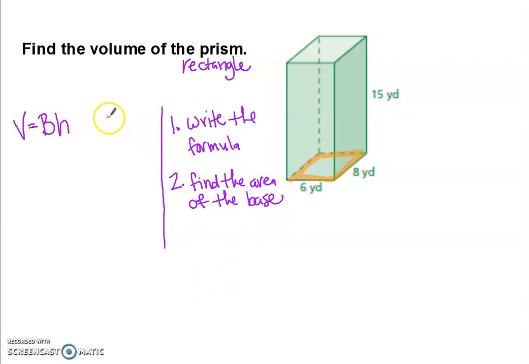Okay, well, the shape of the base is a rectangle, so the area of the base is length times width. Our base is highlighted here in orange, so its dimensions are 6 by 8. 6 times 8 is 48.